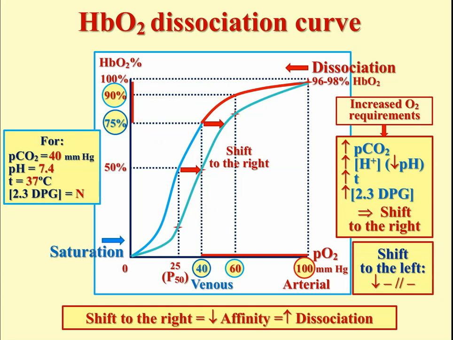When there is a decreased PCO2, decreased H+, or higher pH, which is alkalosis, when there is a decrease of temperature, hypothermia, and decreased concentration of 2,3-diphosphoglycerate, the dissociation becomes less because of higher hemoglobin affinity to oxygen. Hemoglobin does not give oxygen and keeps it bound. In this case, the percentage of oxyhemoglobin remains high, and points on the vertical lines go upward.